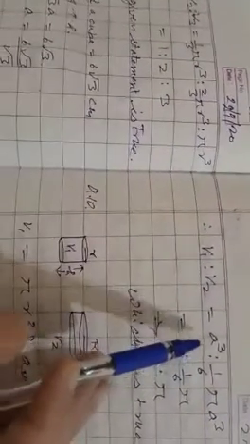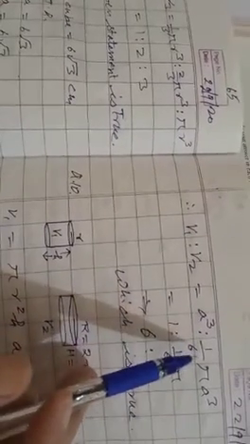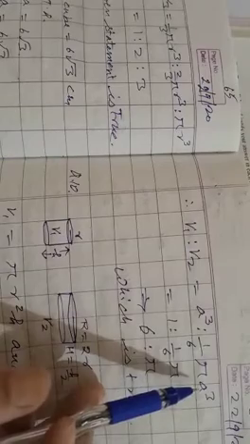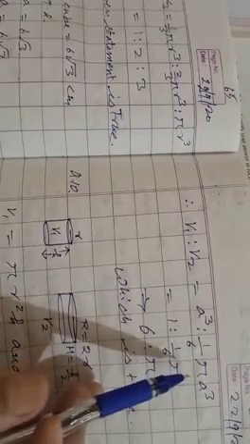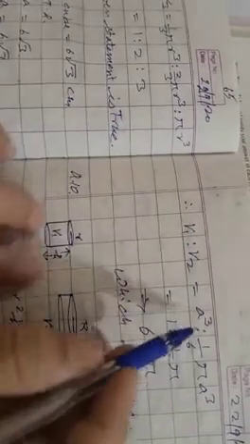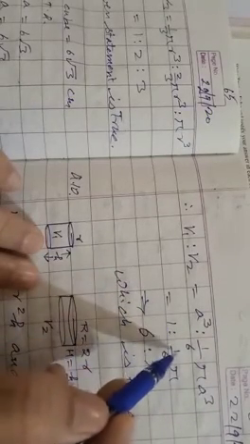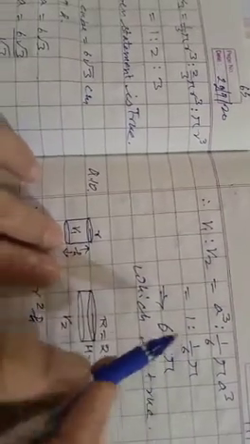Now their ratio, V1 ratio V2. Volume of cube is a cube, ratio 1 upon 6 pi a cube. This is the volume of sphere. Now a cube cancels out, we get 1 ratio 1 upon 6 pi.